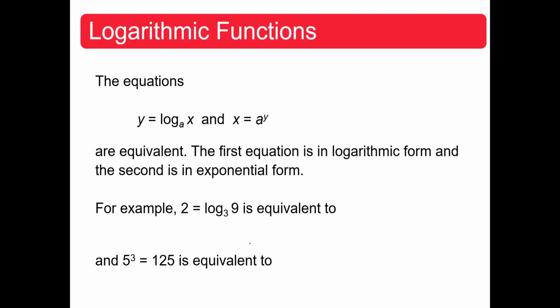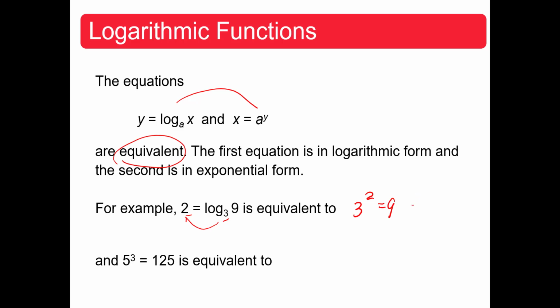Alright, so now we know these two are inverse functions, logarithm function and exponential function. So they can go back and forth. If you have a logarithm function, you can easily convert it back to the exponent. If you have an exponent, you can convert it back to the logarithm function because they are equivalent. So 2 equal log base 3 of 9 is equivalent to 3 squared equal to 9. So the base raised to the power 2 equal to 9.